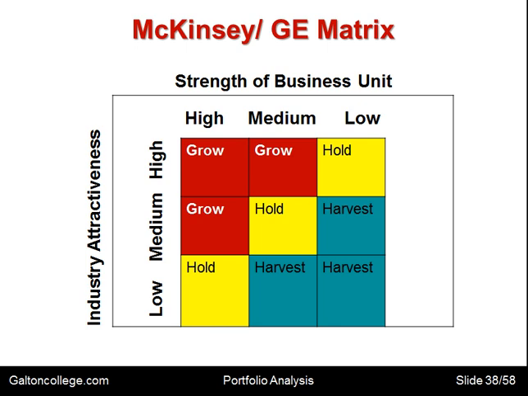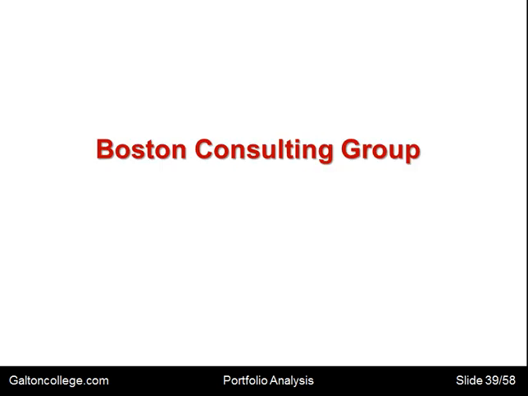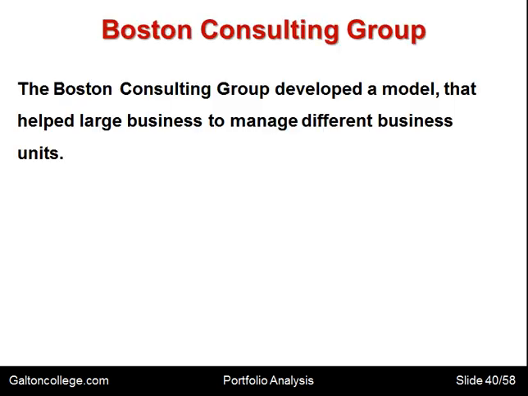Now, for completeness, at the outset we just looked at the General Electric matrix, but just for completeness, let's have a quick look at the Boston Consulting Group. It was a model developed that helped large businesses to manage different business units.